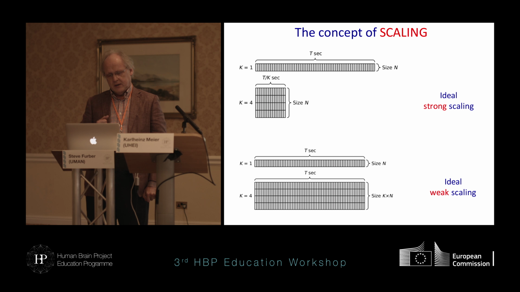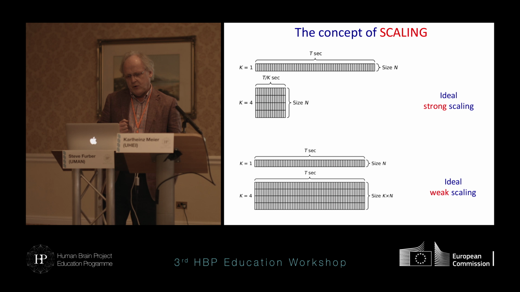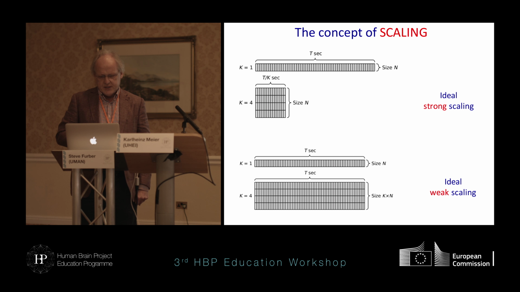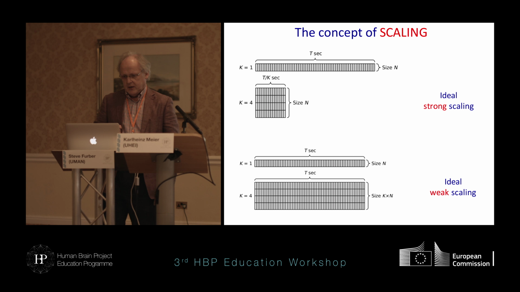There's a weaker concept of scaling known as weak scaling, and here the idea is if you have a job that you can complete in a certain length of time, if you make that job k times as big and run it on k cores, then if you can still run it in the same time, you've achieved weak scaling.